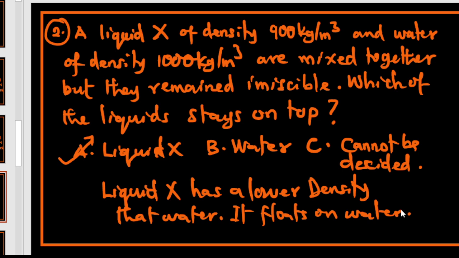There are conditions for which objects with a higher density can stay on top. For instance, a ship is made of steel, and steel has a density far more than that of water, but the ship still stays on water. What explains that in that case is not density, but the principle of flotation. We are getting there.